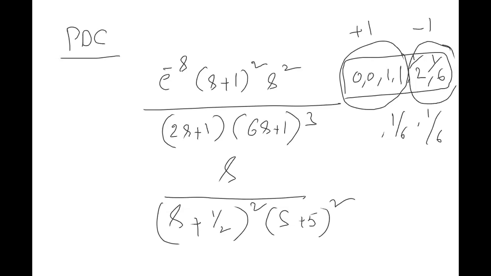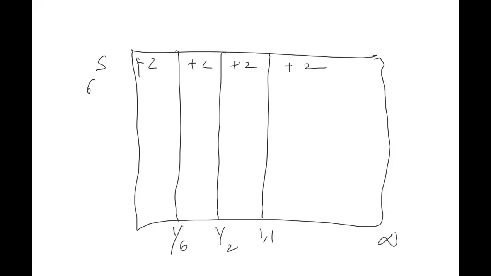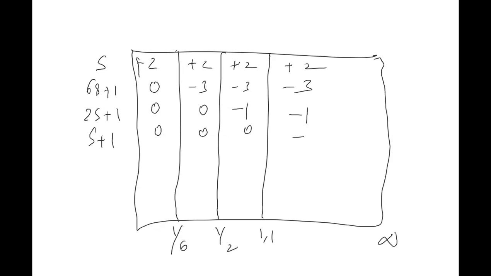Six s plus 1: 0, minus 3, minus 3, minus 3. 2s plus 1: 0, 0, minus 1. So 0, 0, 0, plus 2.